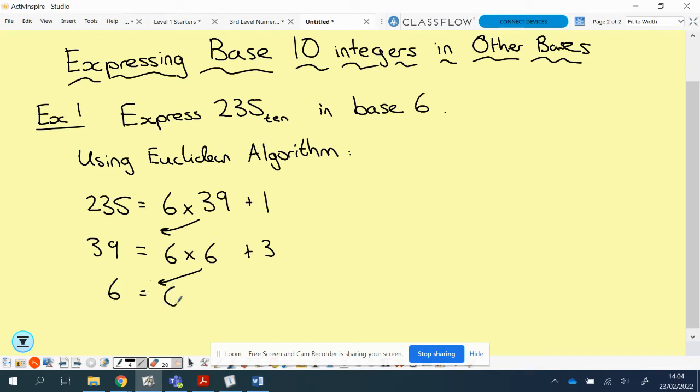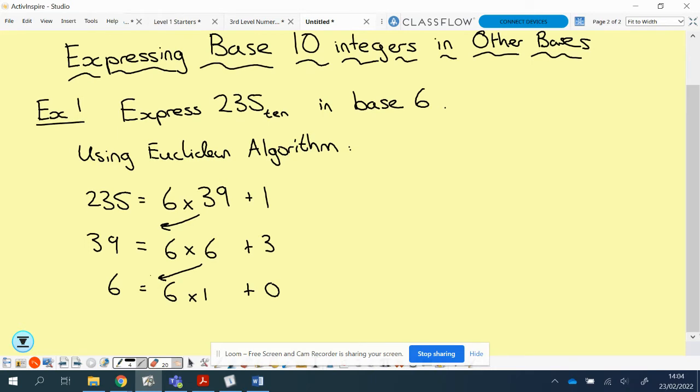We're then going to move that 6 across. 6 fits into 6 exactly once, with no remainder. Now, normally when we do the Euclidean algorithm, we stop when we have no remainder, but that's when we normally find the greatest common divisor. That's not what we're doing here. What we're doing is continuing until we can fit no more 6s into the previous number.